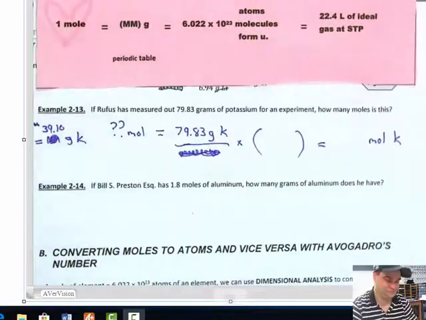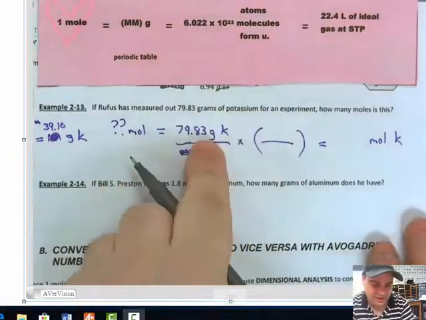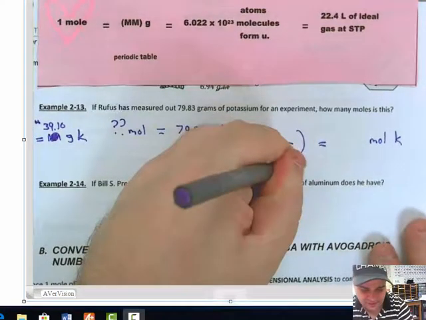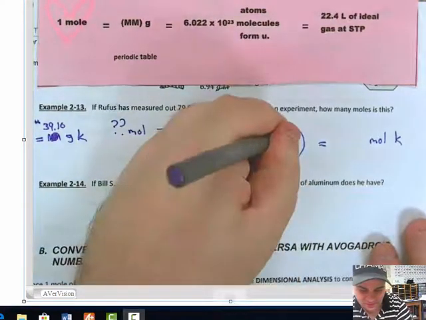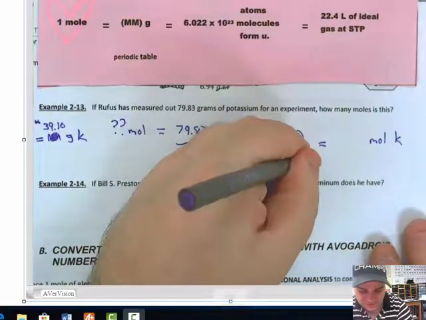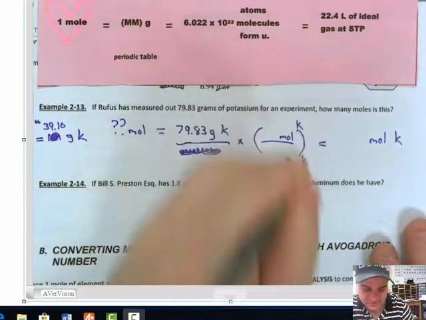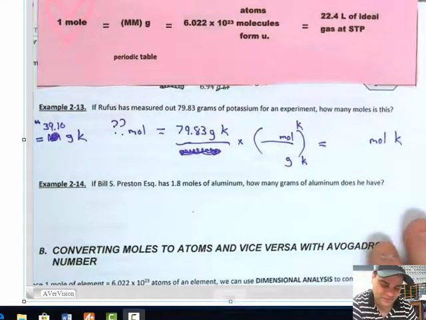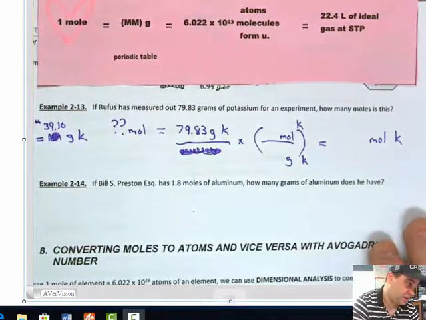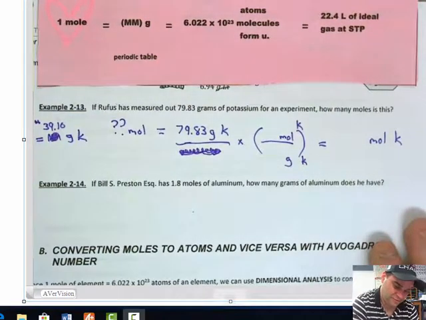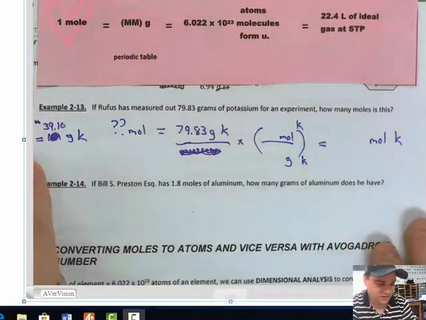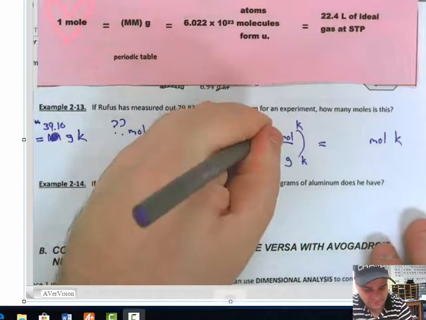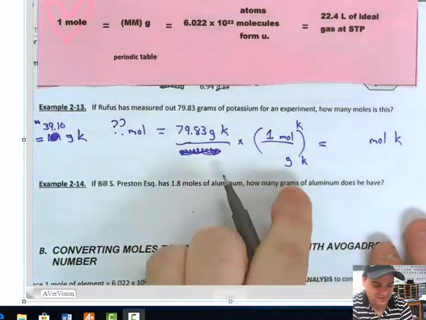Grams on the top, grams on the bottom. What are we going to convert to? Moles. You should write the substances as you go, so it's K, because sometimes they change when we get to later problems. What does the tape say about moles? This is 1. What does the tape say about grams?